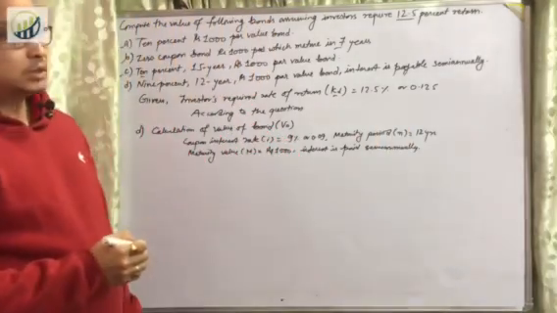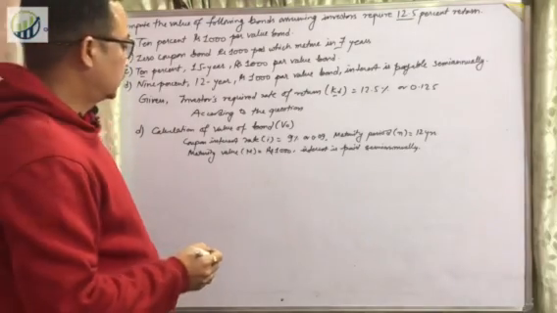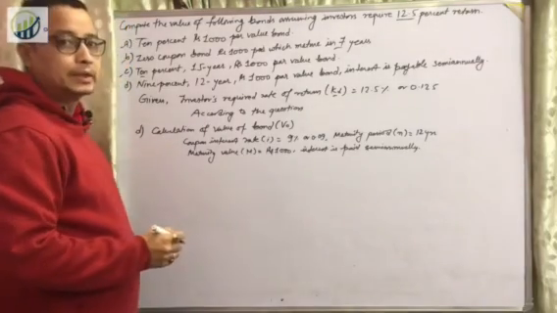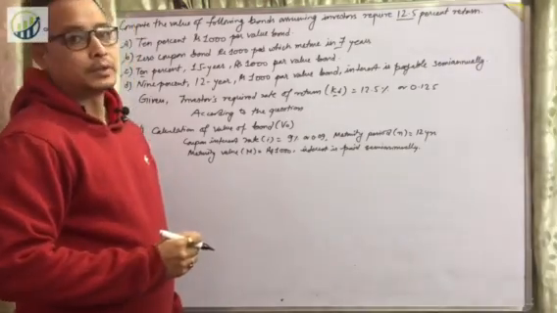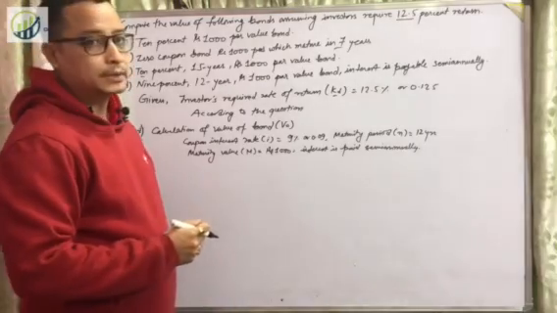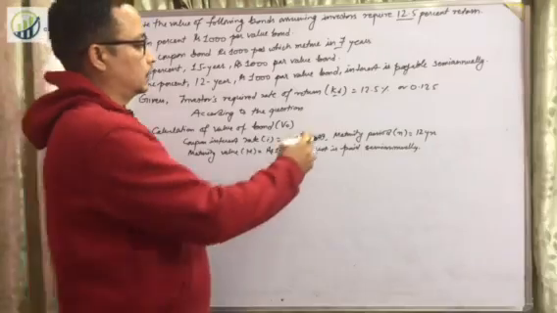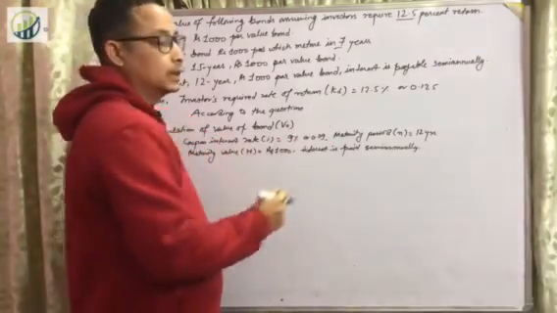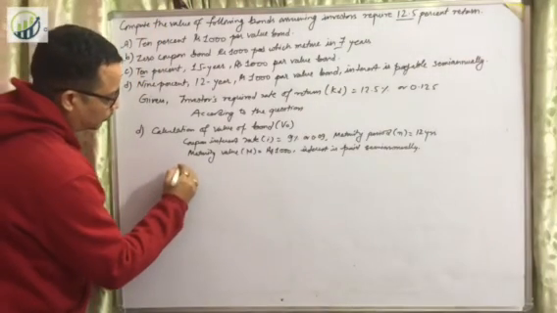So when the interest is paid semi-annually, you have to change the formula for calculating the value of bond. Here the interest rate is divided by 2, the maturity period is multiplied by 2, and the required rate of return, 12.5%, will be divided by 2. So now let's calculate the value of bond.